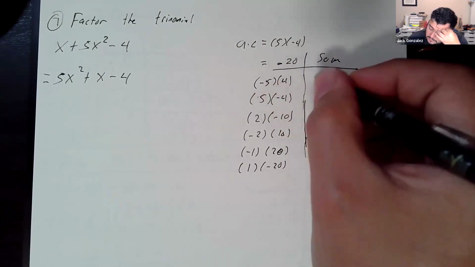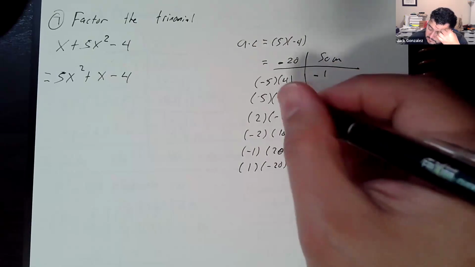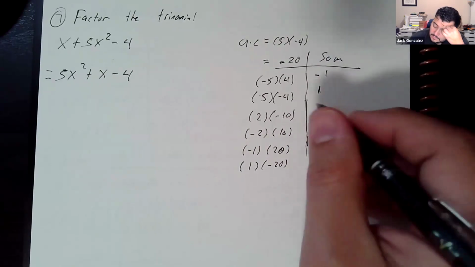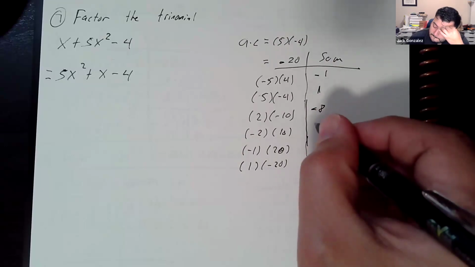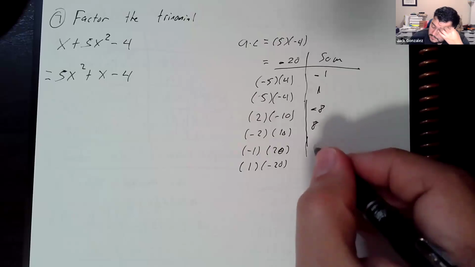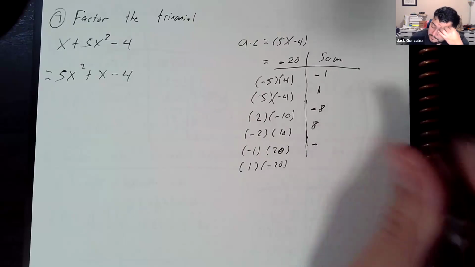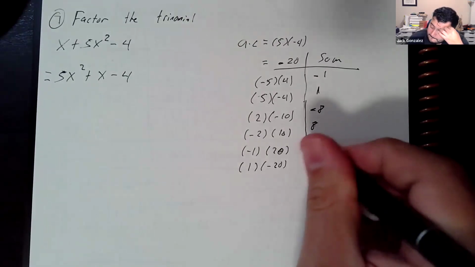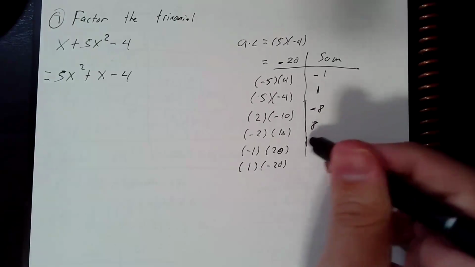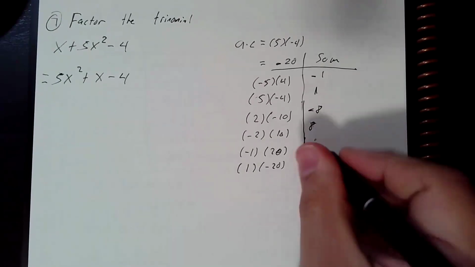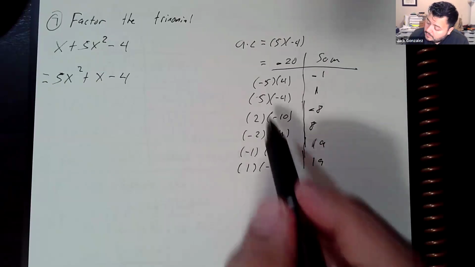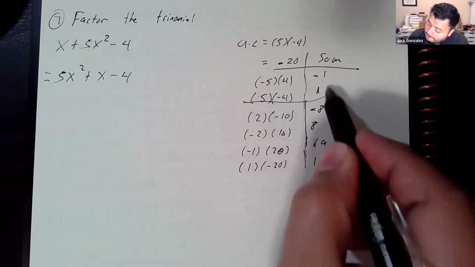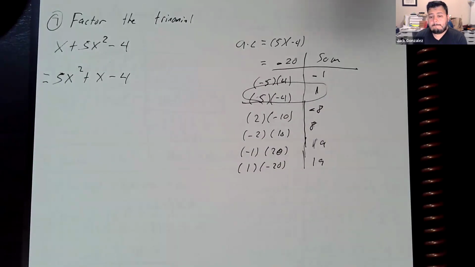So -5 plus 4, 5 minus 4, 2 minus 10, go all the way down. Well, we should be able to see the answer already, right? You don't have to go all the way down. I'm just being thorough here. It's the one we want.